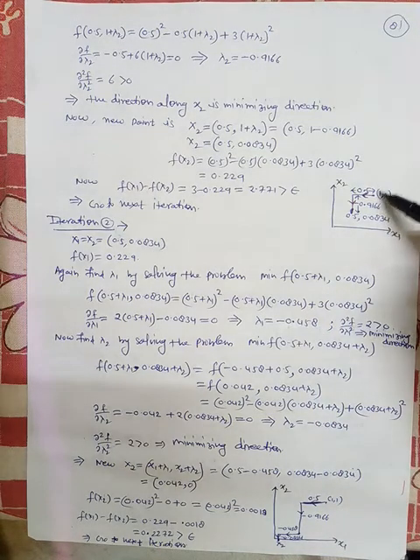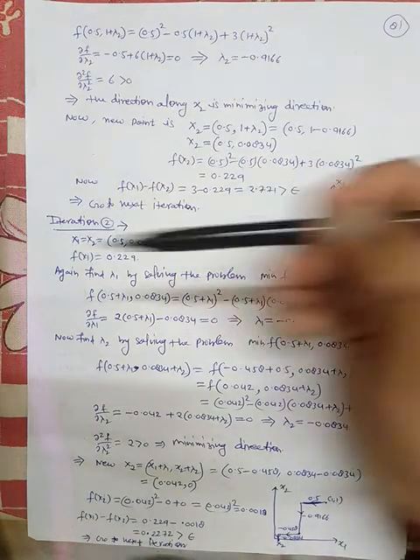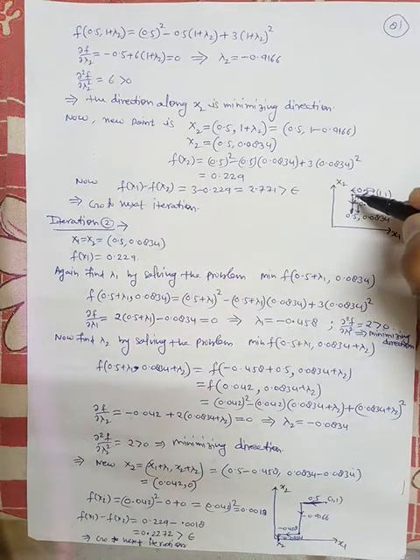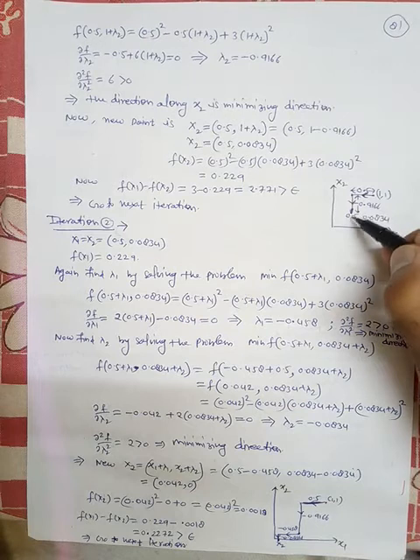You can see we started with (1, 1), then moved along the x direction with step size lambda 1 of 0.5 in the negative direction, and then we evaluated lambda 2, which is minus 0.9166, and reached this point.